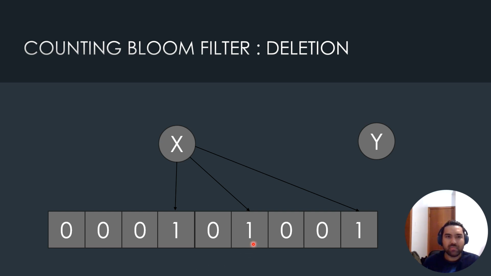To insert y, we simply increment that position to 2. Now, if we want to delete y, we hash y again and decrement the counters at its corresponding positions. This is why counting Bloom filters support deletion safely. Of course, the trade-off is that counters use more space than a simple bit array.